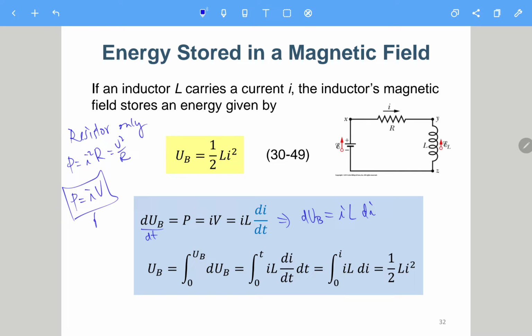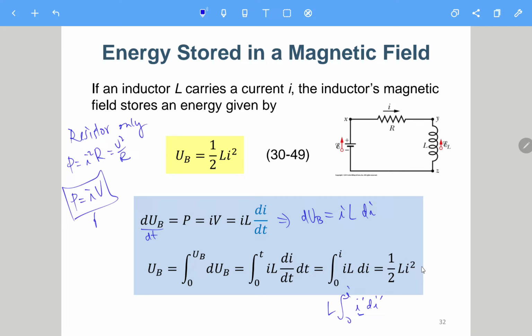Finally it becomes the integration of I dI from 0 to I. Maybe I should put a prime here to distinguish this I and this I. Taking the antiderivative of a first order polynomial, it is I squared over 2. So we have I squared over 2 here.